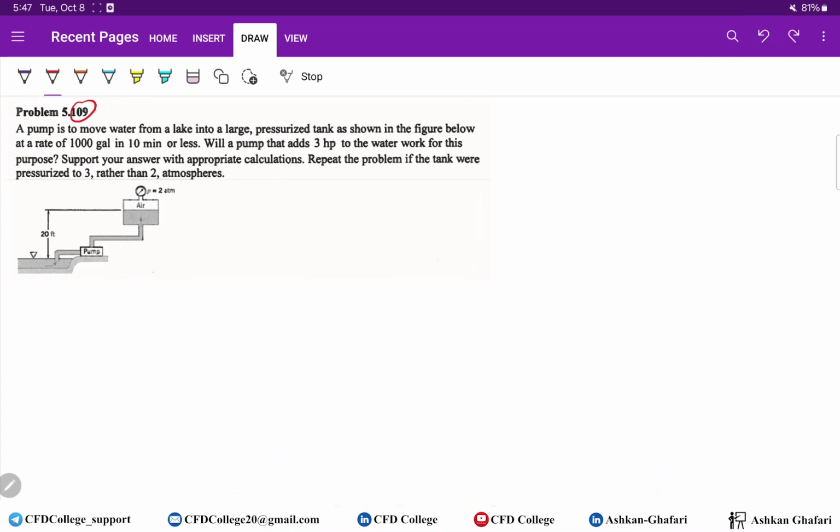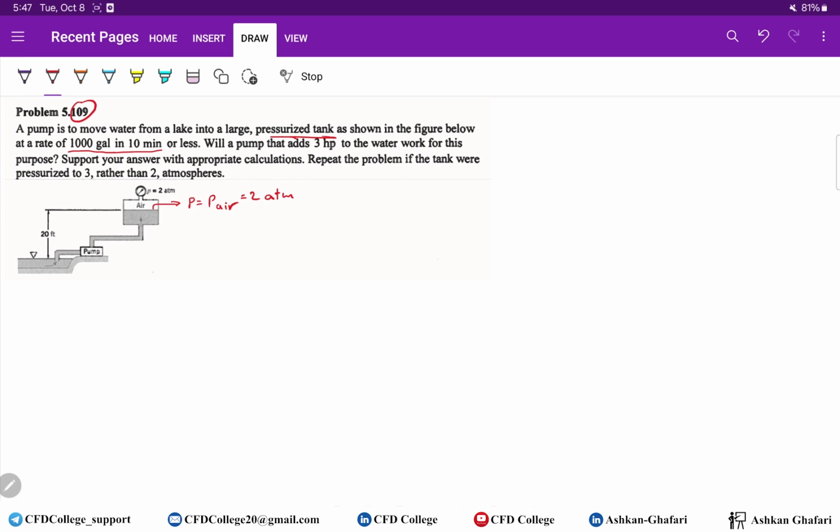A pump is to move water from a lake into a large pressurized tank. So we have a pressurized tank, and you know that it means that the pressure over this surface is equal to the air pressure, which is 2 atmospheres, as shown in the figure below, at a rate of 1,000 gallons in 10 minutes or less.